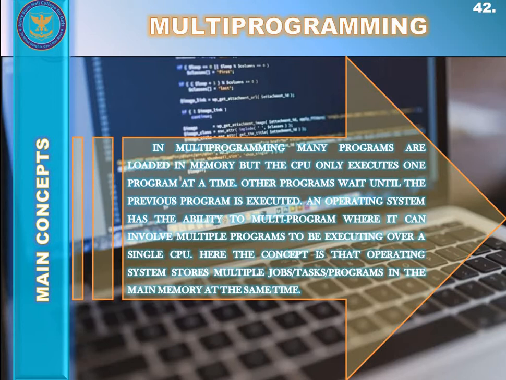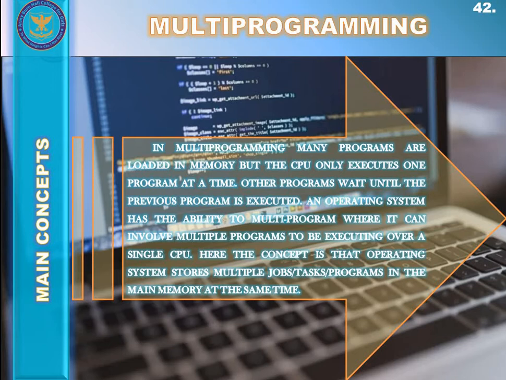The only drawback is that the system requires more main memory as it is occupied by many programs. Of course, as said earlier, multiprogramming supports the loading of multiple programs at the same time inside RAM.